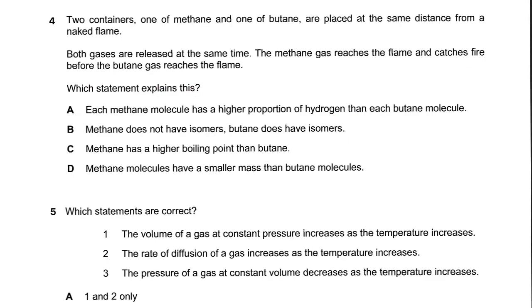So methane is CH4, and I think a lot of people got this answer right. And butane is C4H10, right? People ended up Googling the Mr for methane and butane. I think I'm at fault where I didn't really highlight their respective Mrs. Oh, I don't think you need the respective Mrs because it says both gases are released at the same time.